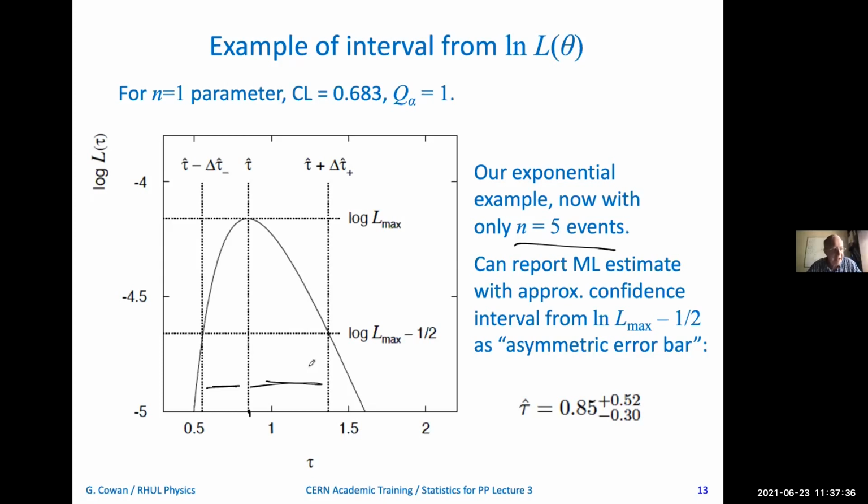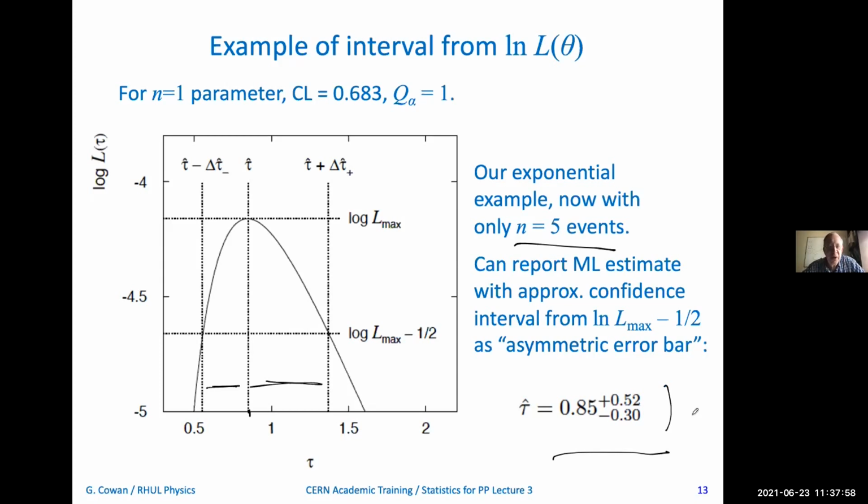And that by default is what we use in particle physics. If somebody gives you a result like that and doesn't give you any further explanation, that's what you should assume: that the edges of that interval are a 68.3% confidence level confidence interval, very often written as an asymmetric error bar.